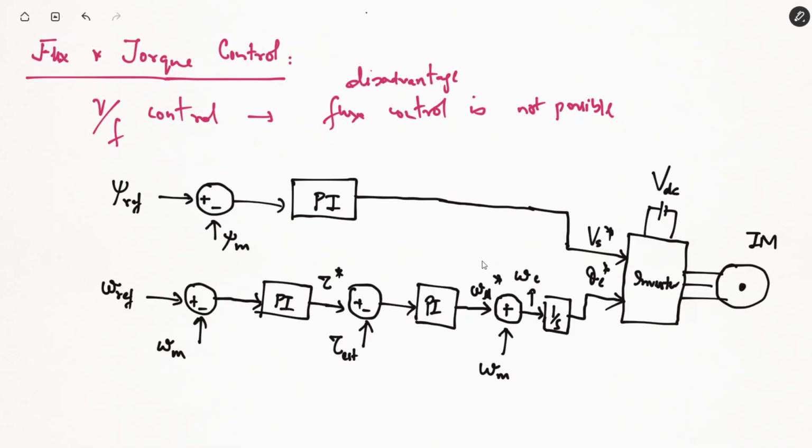So this is the block diagram of a scalar control strategy that will help us control both the flux as well as the torque of the induction machine.